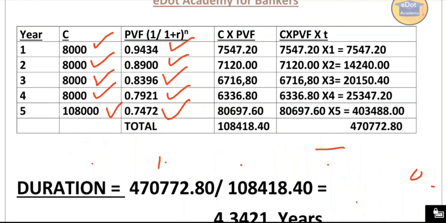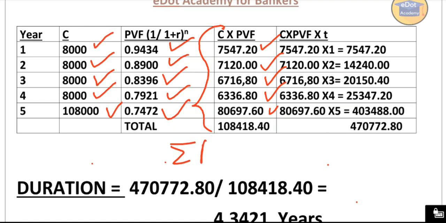So this is nothing but the present value of each cash flow: 7547, 7120, 6716, 6336.80 and 80697.60. I have added all these values here, so that gives us sigma PV, that is given in the denominator.